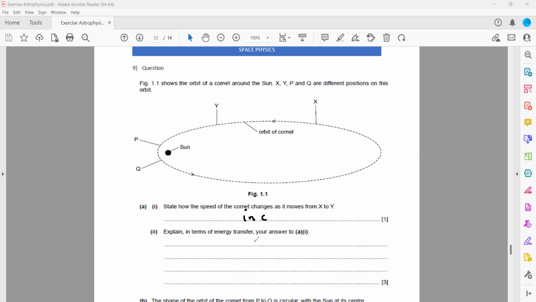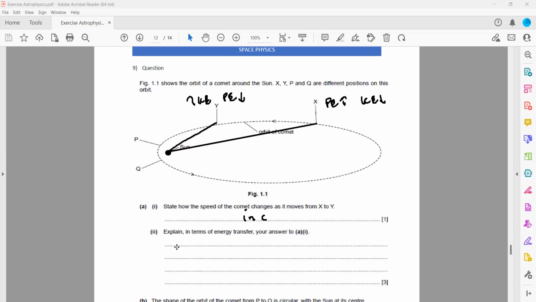Now explain in terms of energy. When the comet is far, it has greater gravitational potential energy and smaller kinetic energy. The total energy is conserved, or constant: kinetic plus potential is the same. But when the comet is closer, potential energy is smaller, so kinetic energy must be higher so that the total energy is constant.